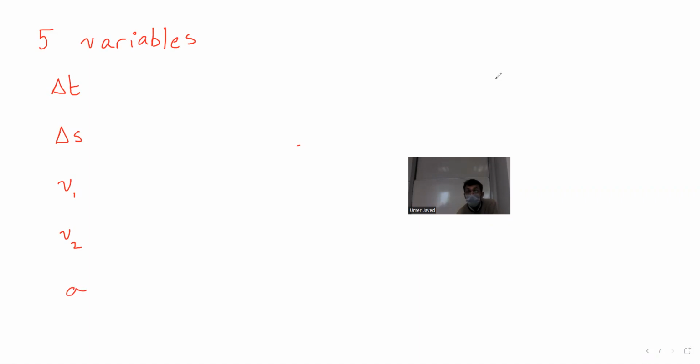Now in a problem, you will have 4 variables. Again, this is physics 1 stuff, but I will make some problems right now. In any problem, 1 will be the unknown.